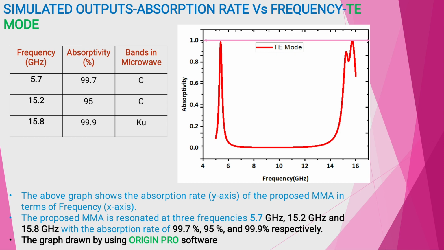For bands in microwave, 5.7 gigahertz is C band, 15.2 is also C band, and 15.8 is Ku band.